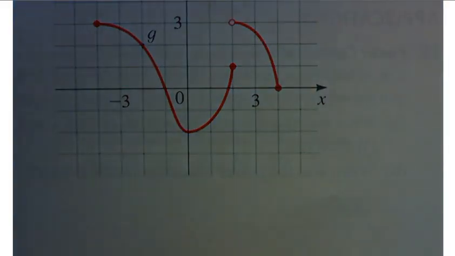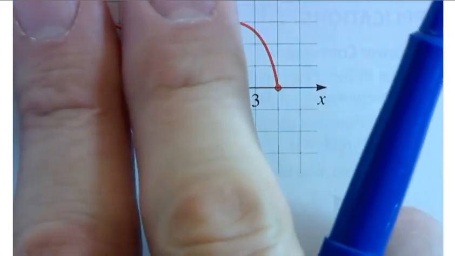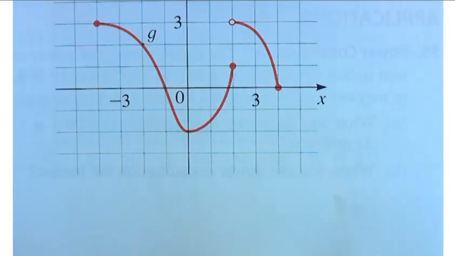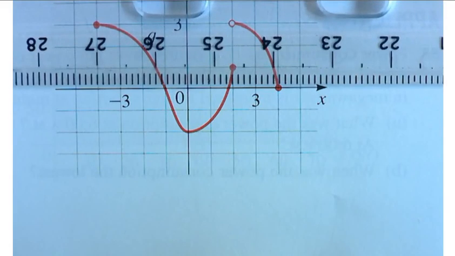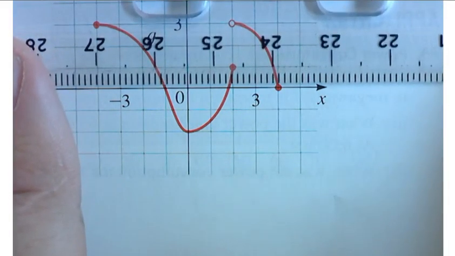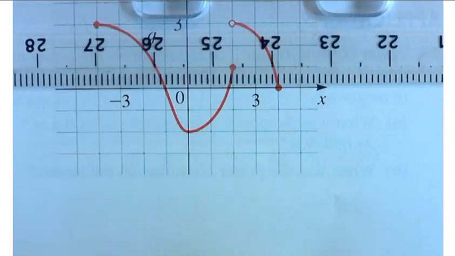Estimate the values of x for which g of x is less than or equal to 0. So where is this graph less than or equal to 0? Essentially that means where is it below the x-axis? For what values of x?